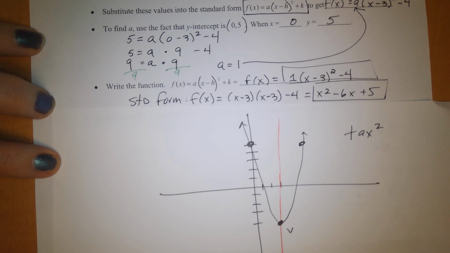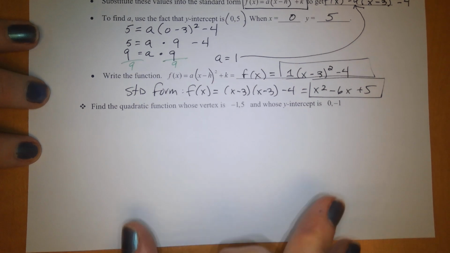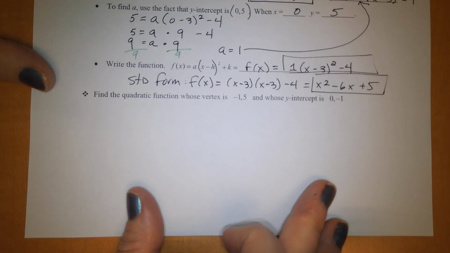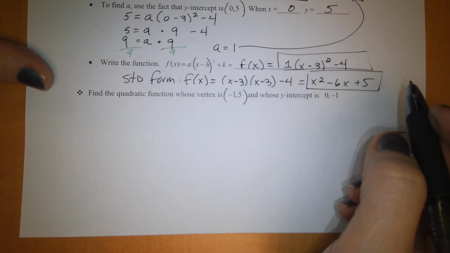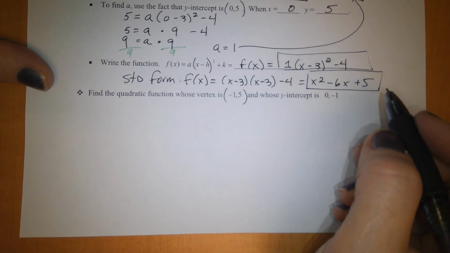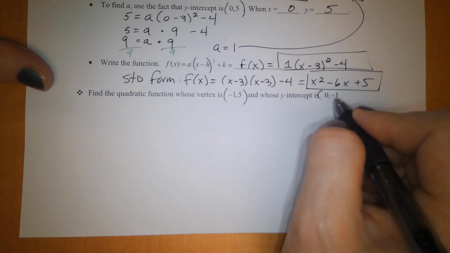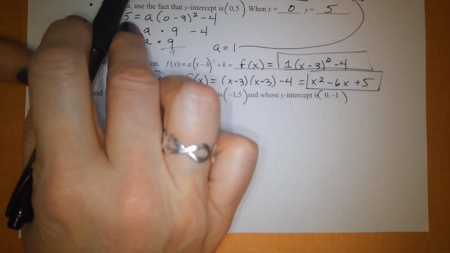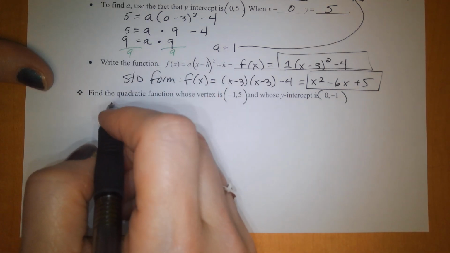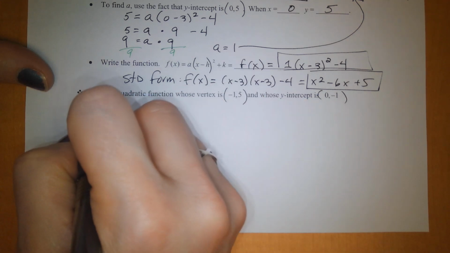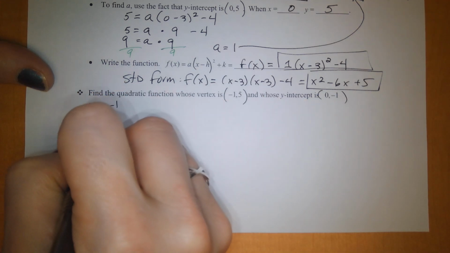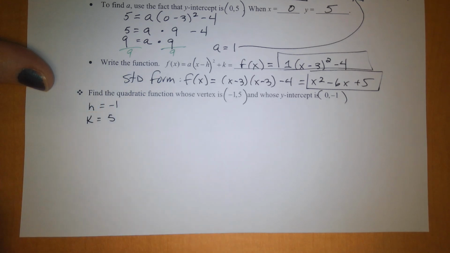So let's try one more, just to practice one last time. To find the quadratic function whose vertex is at (-1, 5), and whose y-intercept is at (0, -1). Following the steps we did up above, the first thing we did is we set the vertex equal to that, which means h is -1 and k is 5.